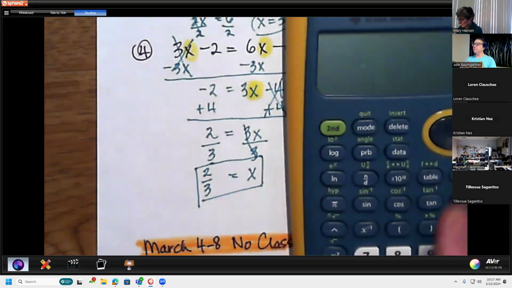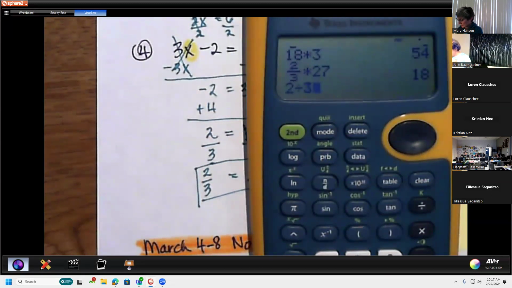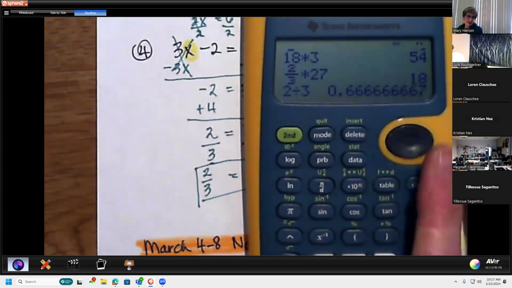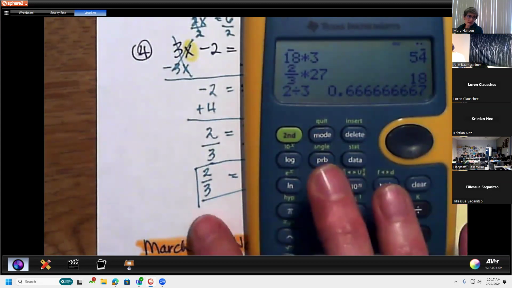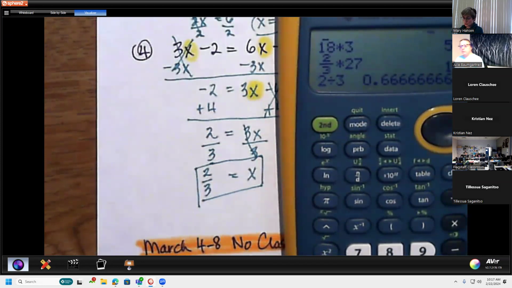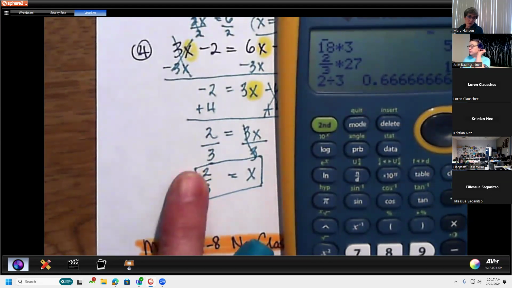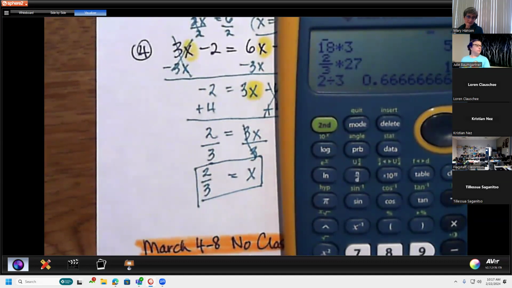You could turn it into a decimal. So you could take 2 divided by 3 in your calculator and you get a long decimal. More than likely, you would just leave that as 2/3. If that had been 3/2, you might divide it out and get 1.5. But Julie's right. We know we're done because the numerator is smaller than the denominator.